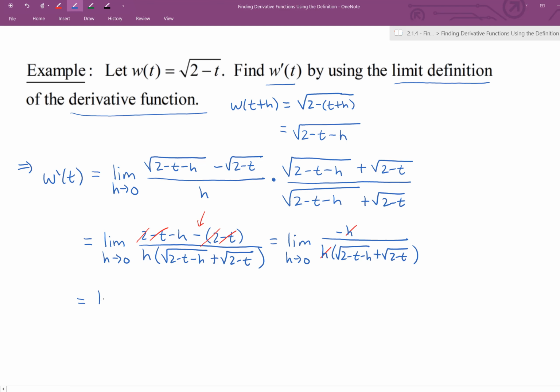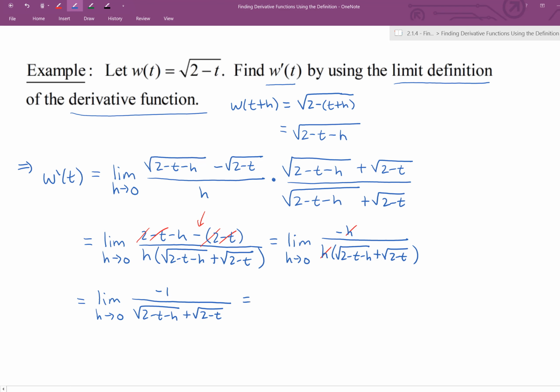And finally, we're left with the limit as h goes to 0 of now a negative 1 in the numerator, all divided by square root of 2 minus t minus h, and then plus square root of 2 minus t. And now you know that h that was causing the problem in the numerator and denominator, making it go to indeterminate form, no longer happens, right? We don't have indeterminate form anymore.